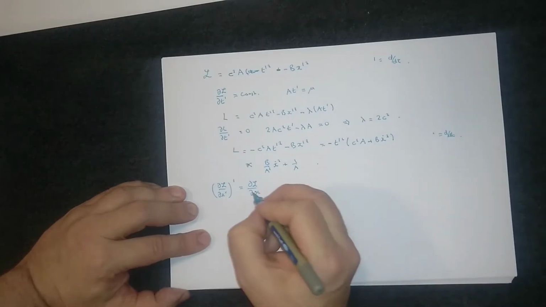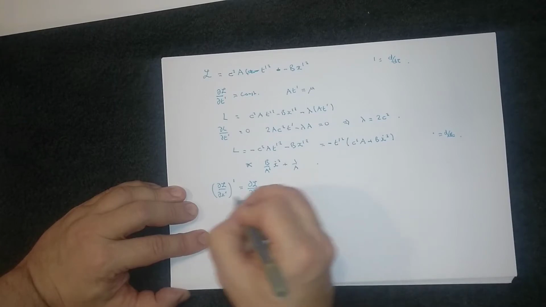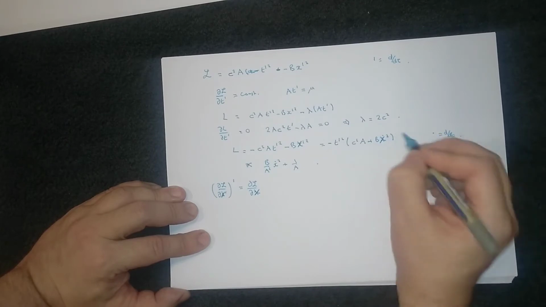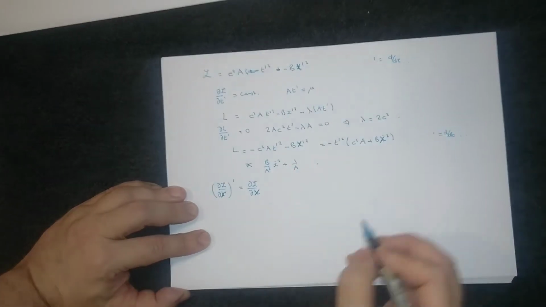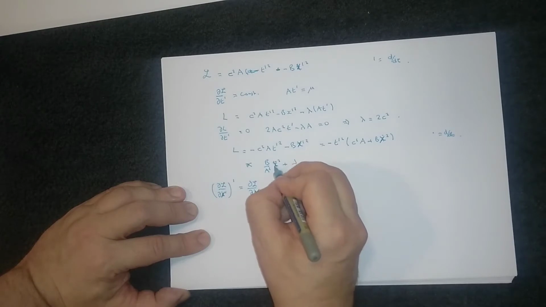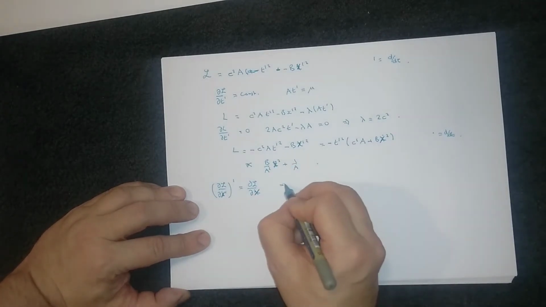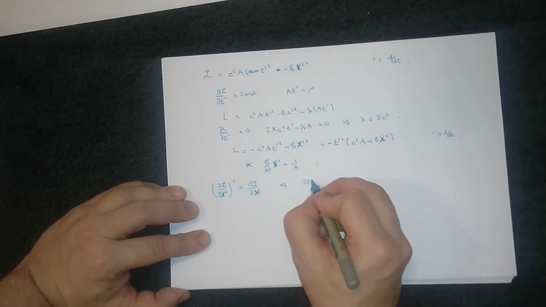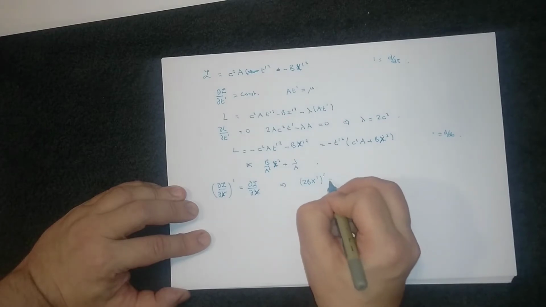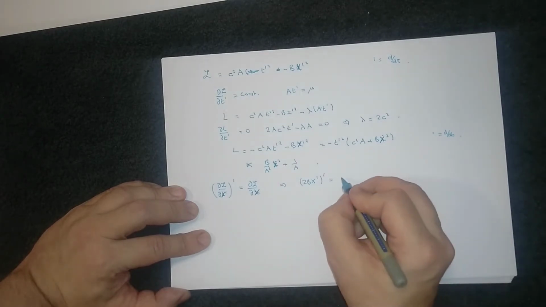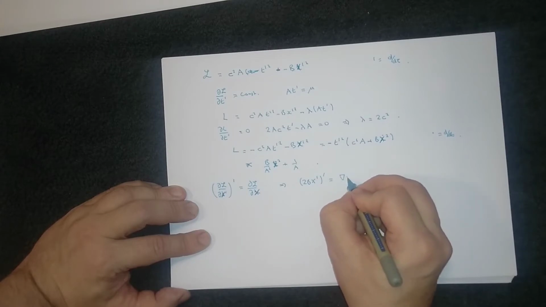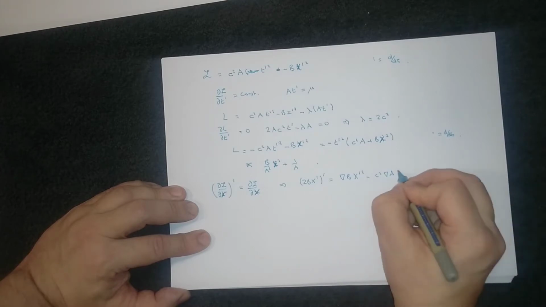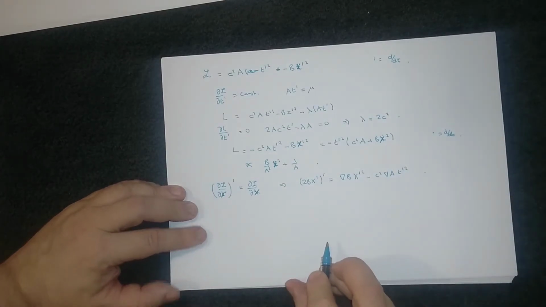I think I've been calling this capital X. So from here we're going to get 2b x prime, differentiated, is equal to gradient of b x prime squared minus c squared gradient of a t prime squared.